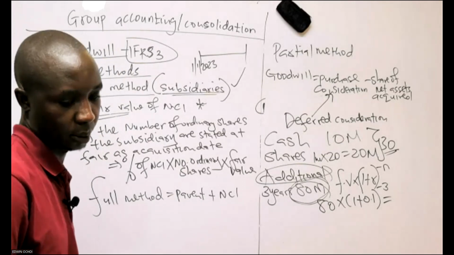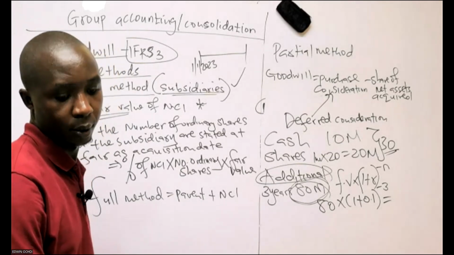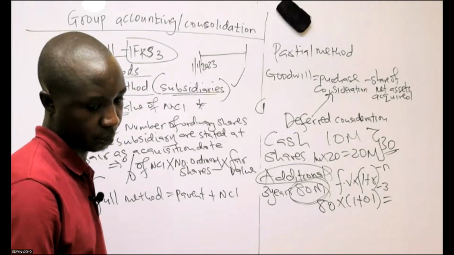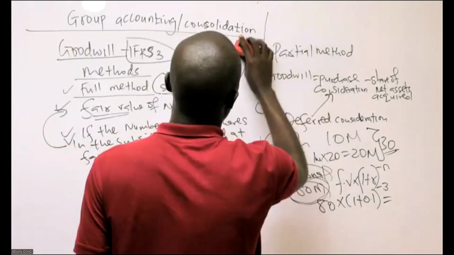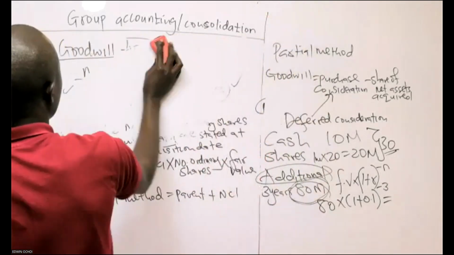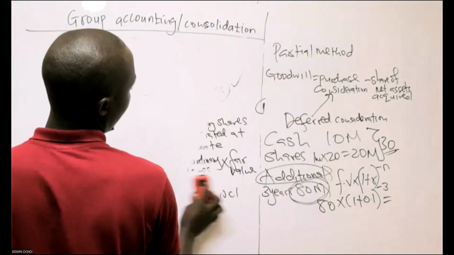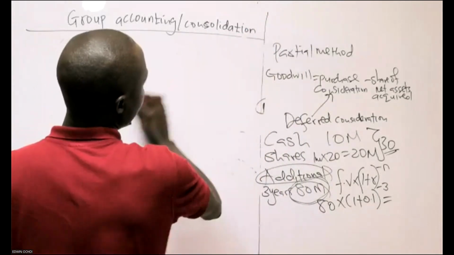Is there any question? So the key adjustments in group accounting, so that we know what we are supposed to do.